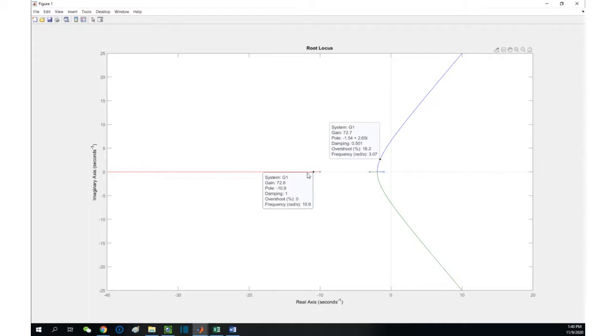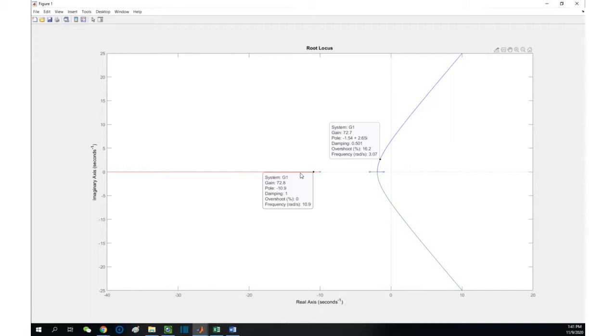And what's the reason for, I get that the frequency in radians per second should be present for the two complex conjugate poles, but why is it displaying a 10.9 frequency for the real pole? Well, anyone understand what real poles mean?